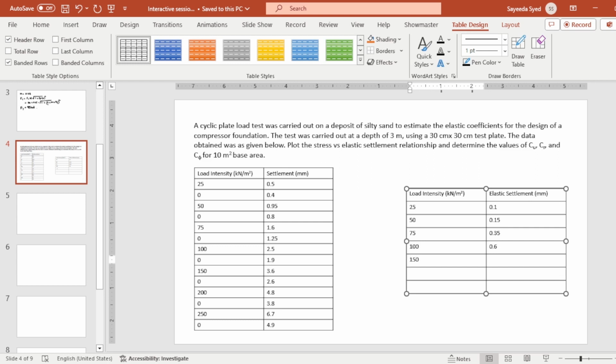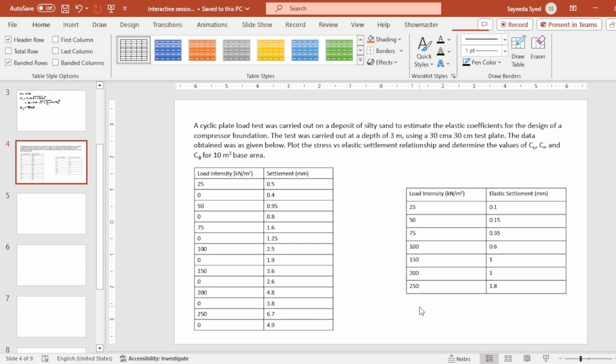For 150, 3.6 minus 2.6, which is 1. For 200, 4.8 minus 3.8, which is 1 again. And for 250, 6.7 minus 4.9, which is 1.8. So these are the values of elastic settlement for different load intensities.